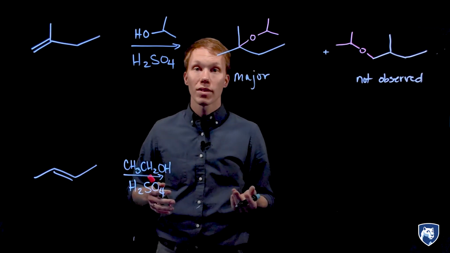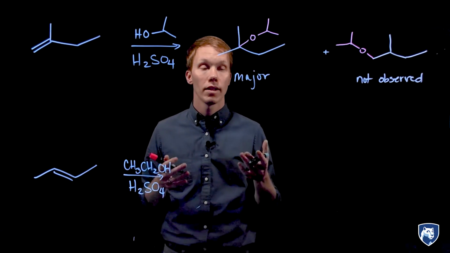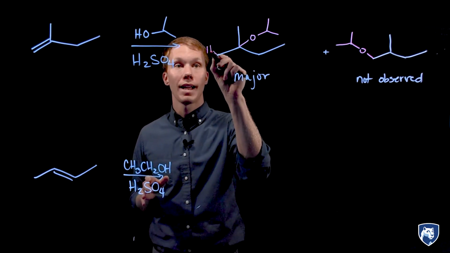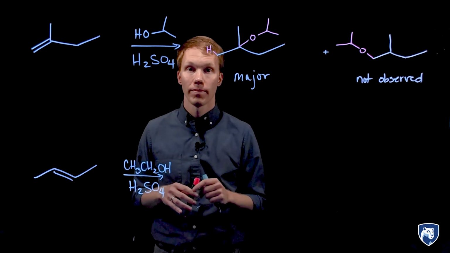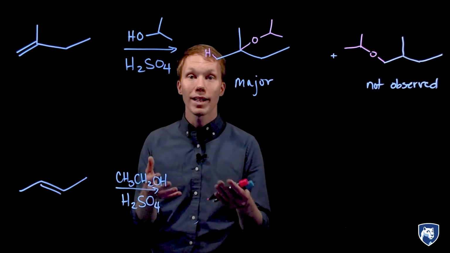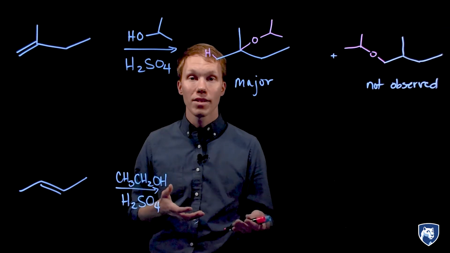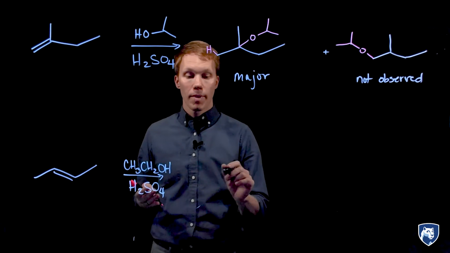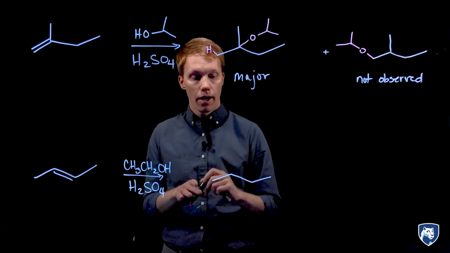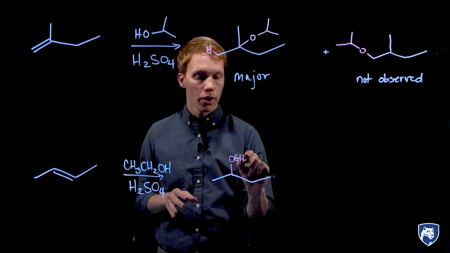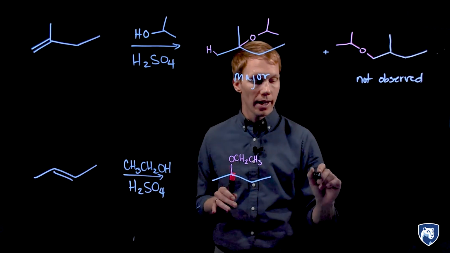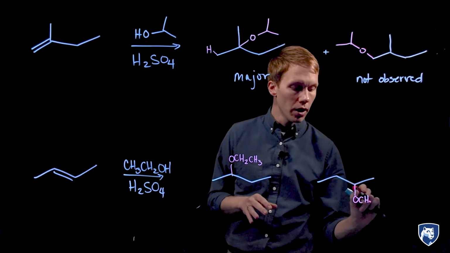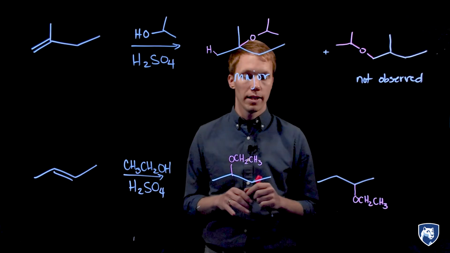Again, we see that the regioselectivity is consistent with Markovnikov's rule, where the hydrogen has added to the less substituted carbon. Before we do our second example, I would like you to predict how many constitutional isomers could be produced in this reaction. We would answer that question by adding our OR group to each carbon of the alkene, and then determining if these products are the same or different.